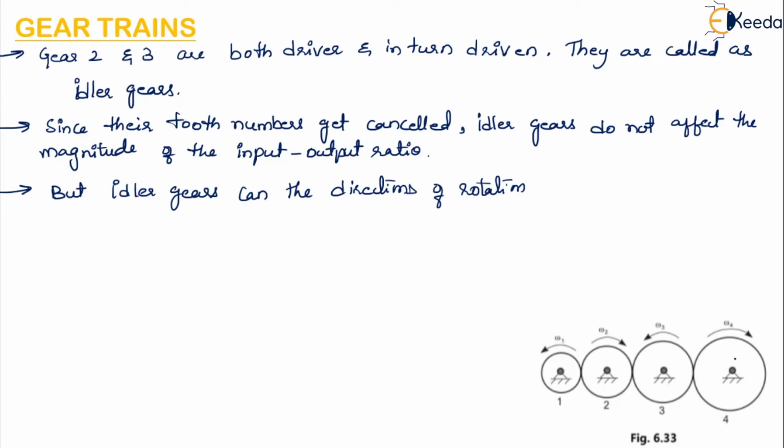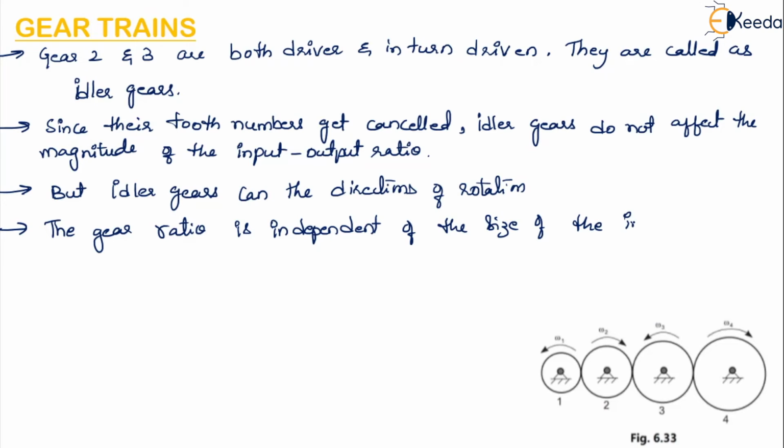So the gear ratio is independent of the size of the intermediate wheels, which are called idlers or idler gears. So idler gears do not affect the gear ratio also.